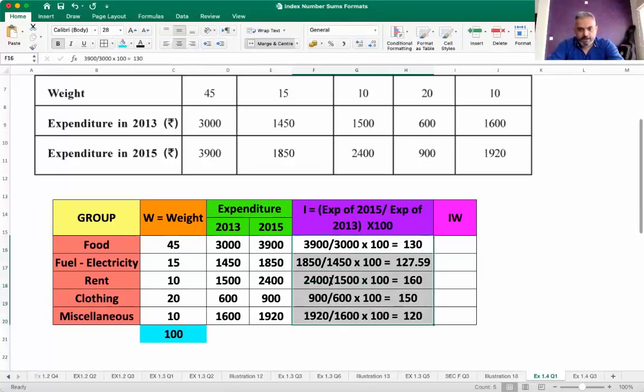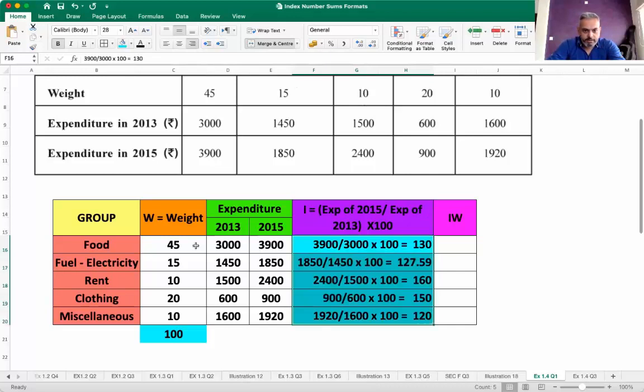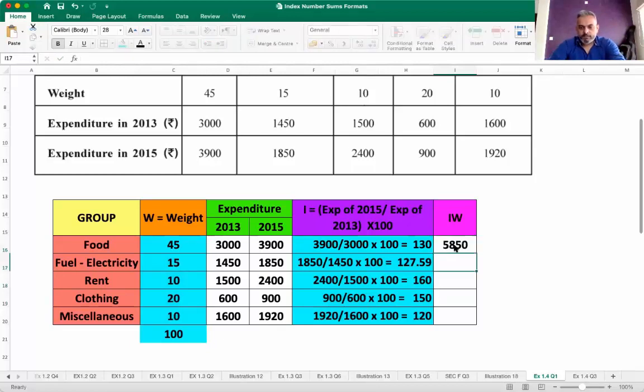So we have the index I now. Now I into W. This column I and this column W. 130 into 45, 5850. 127.59 into 15, 1913.85.